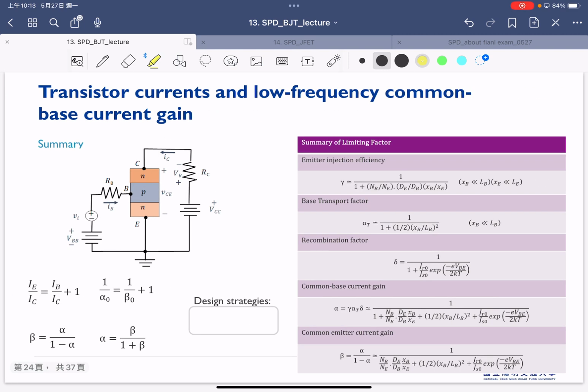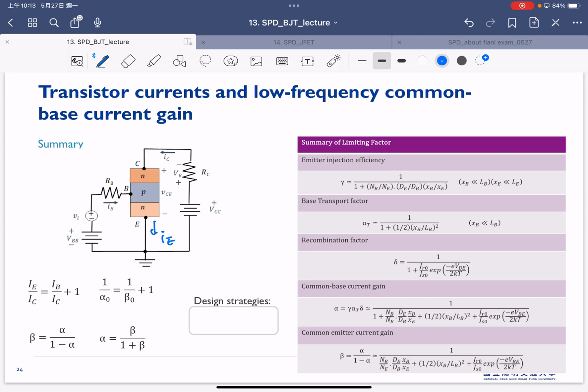Then we will also be very curious about the correlation between the alpha and the beta here. So we can use a very simple circuit network to analyze the correlation between alpha and beta. If you look at this schematic, we have the emitter current.